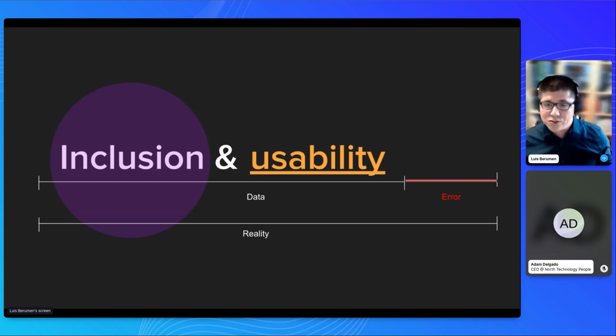I know that I can account for this error, and most likely it's going to be maybe one or two, well, not centimeters, millimeters. But it's good for me because I can calibrate my decisions based on the margin of error that I know. If I put together the data and the error, most likely I'm going to have a close approximation of reality.